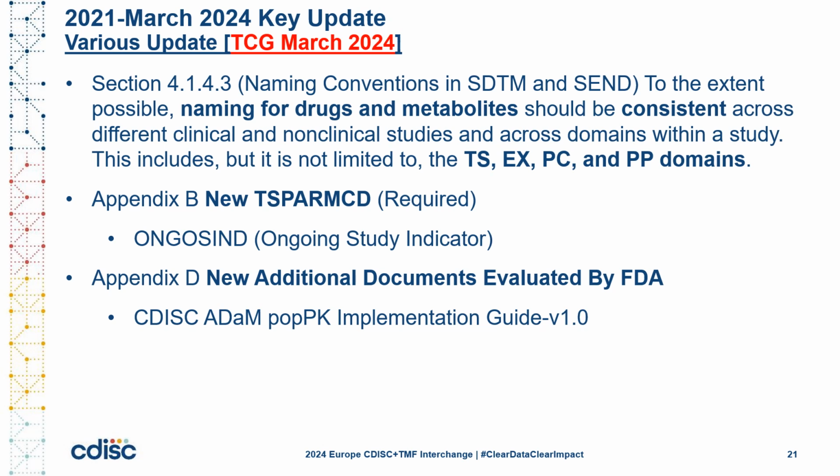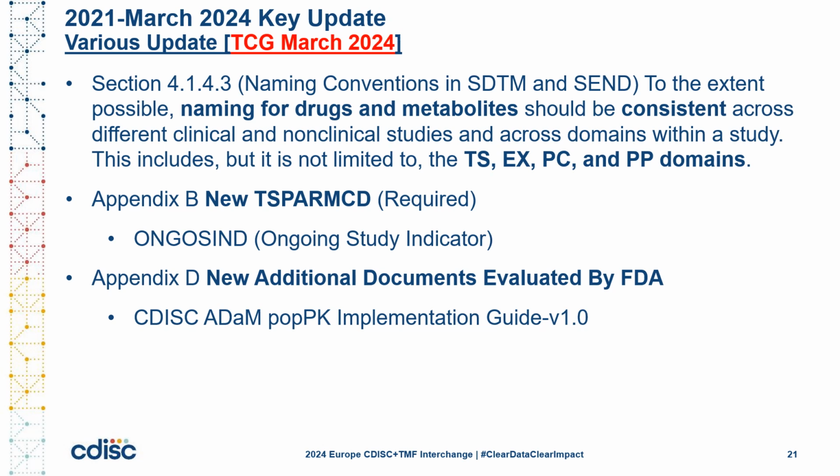So these apply to the exposure dataset or trial summary dataset with certain parameters, or to the PC domain with the name of the metabolite. Also, Appendix B has seen the addition of a new required parameter to be included in the trial summary. This is to flag whether the study is ongoing or not. I believe this term is not yet in the controlled terminology.